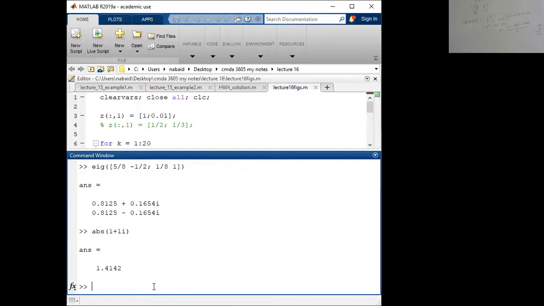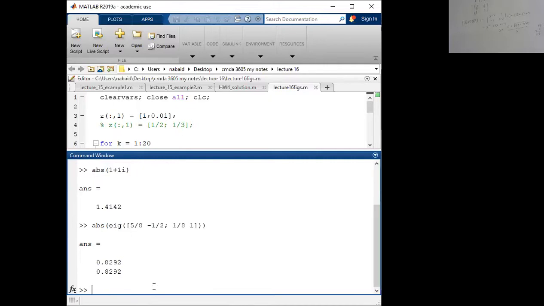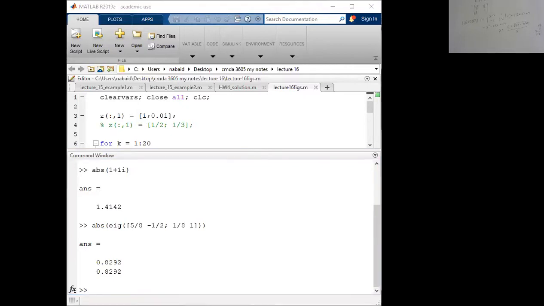So what if I did abs of the eigenvalues here? Okay, so they're of course a complex conjugate pair. They should have the same magnitude, and that number is less than 1. So let's stop sharing the screen and we'll just go back and write it down in the notes.